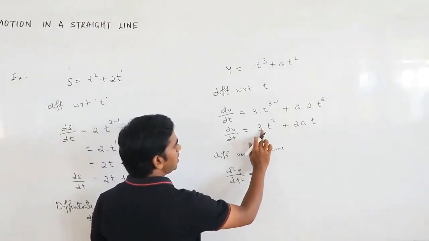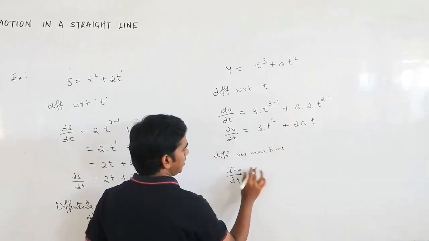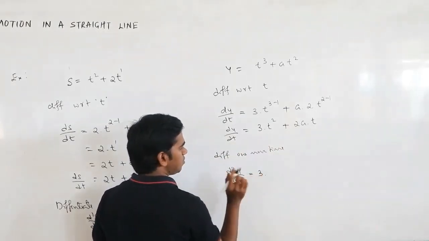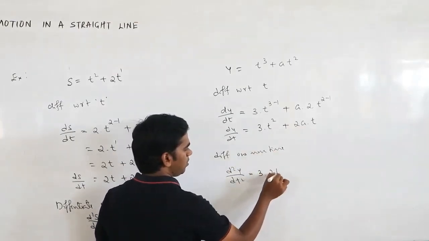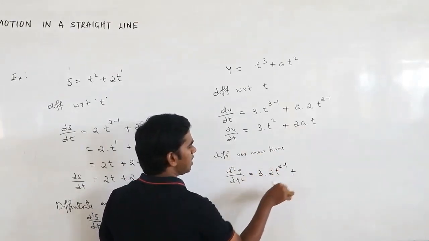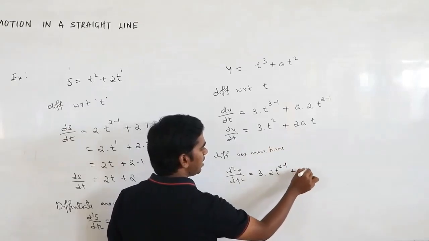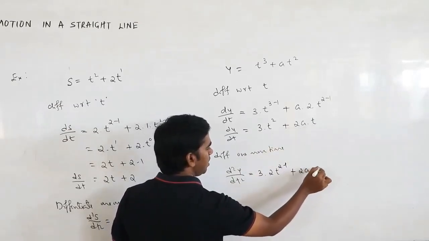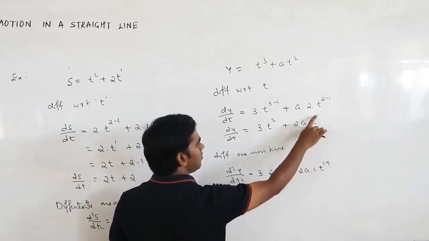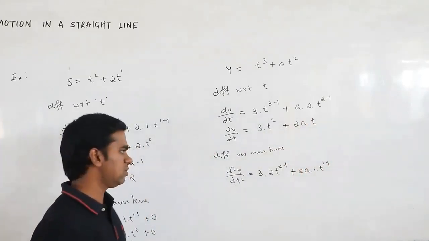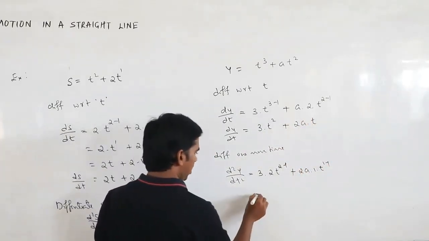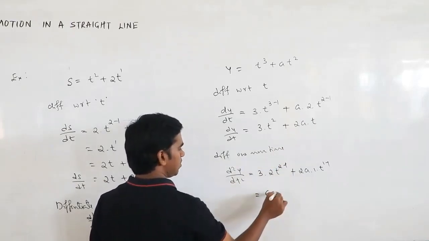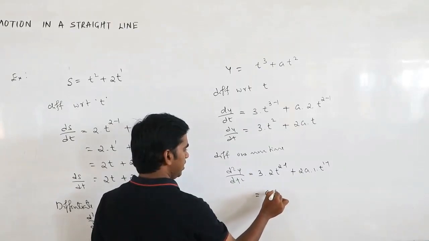So 3 into t square: 3 as it is constant, t square, 2 into t raised to 2 minus 1, plus 2a as it is. T is there, so t means 1 into t raised to 1 minus 1. If nothing is there, 1 is always going to be there. So now 3 into 2 is 6. T raised to 2 minus 1 means t.